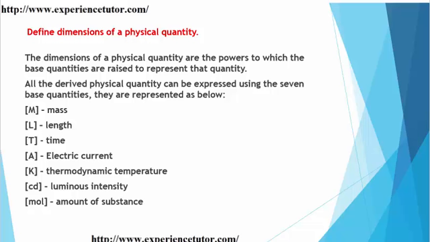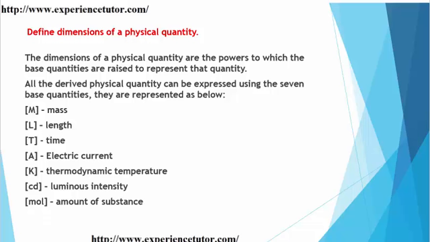Define dimensions of a physical quantity. The dimensions of a physical quantity are the powers to which the base quantities are raised to represent that quantity. All the derived physical quantities can be expressed using the seven base quantities.